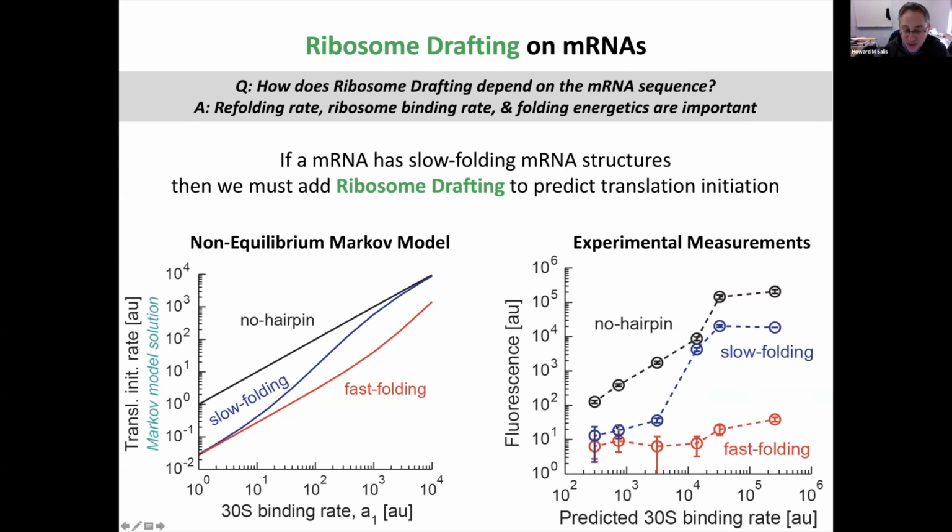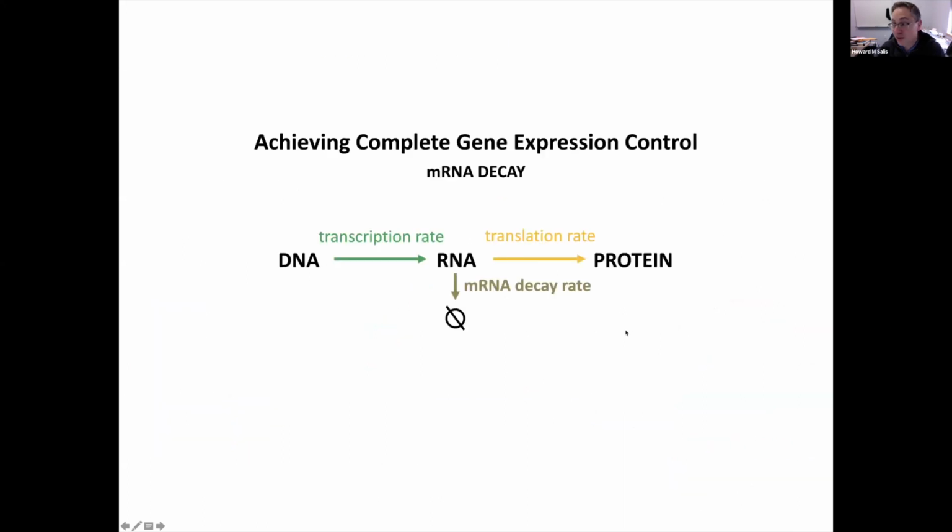So with the slow folding hairpin, we only see ribosome drafting if the ribosomes can bind fast enough to bind faster than the slow folding hairpin. If the ribosomes bind slow, then it doesn't matter if the hairpin was fast folding or slow folding. Okay, that was an abbreviation of that story.